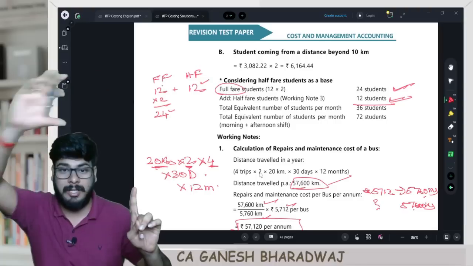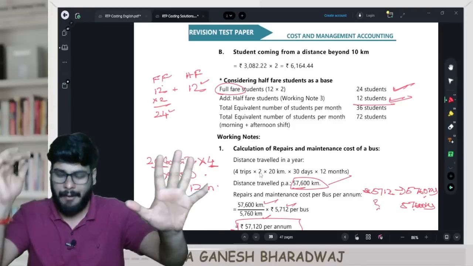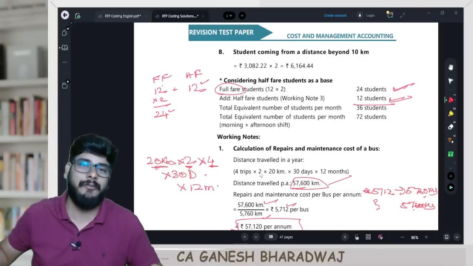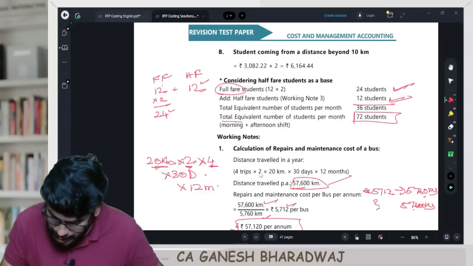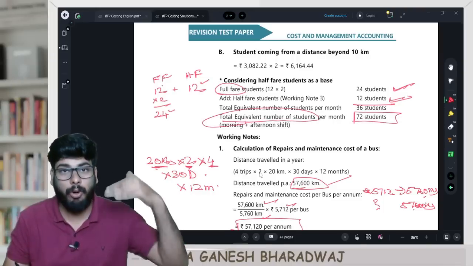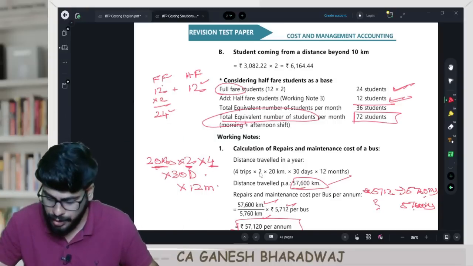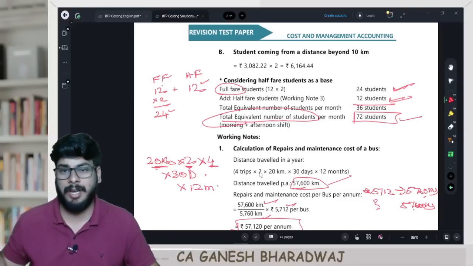But the total cost per bus has to be shared by both the morning batch students as well as the afternoon batch students. So similarly, one more 36 equivalent half fare students are there in the afternoon batch, which means the total equivalent number of students, morning plus afternoon put together, equivalent half fare students in total is going to be how much? 72 students. Are you clear with this?